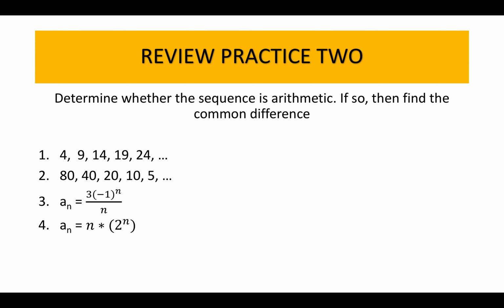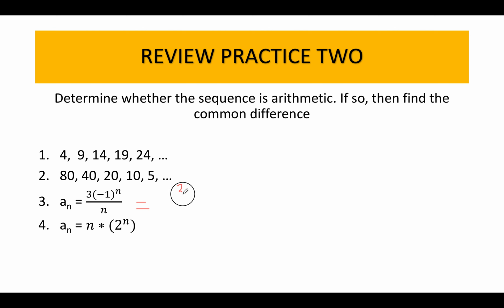The third one, we are given a formula. We're given the algebraic formula for the third and the fourth one. So all we're looking for is the common difference. So to solve the third one, the hint that I'll give you is this. Get my pen. Start with n equals 0.